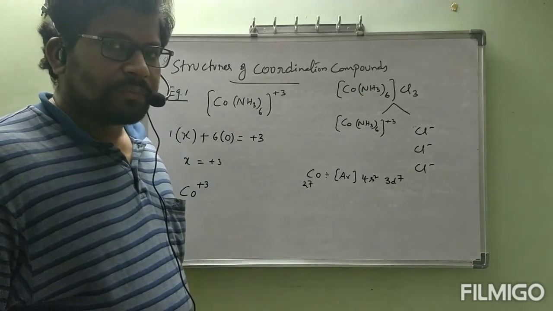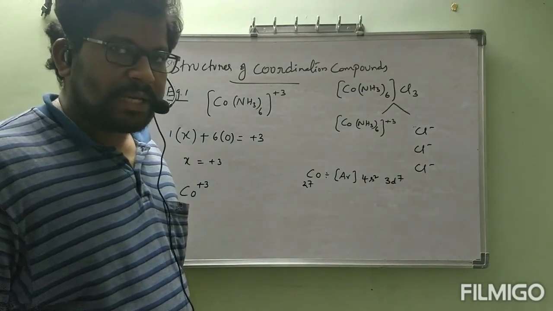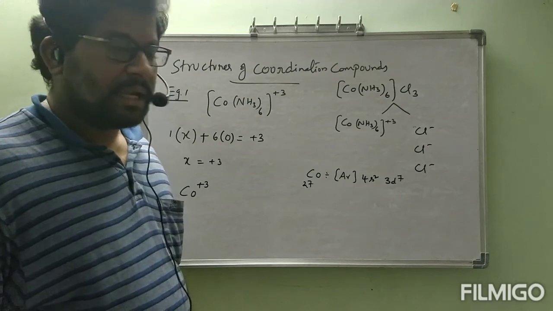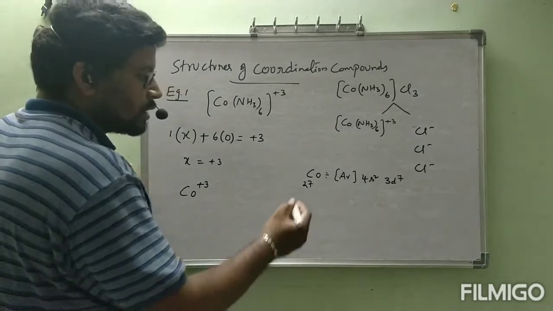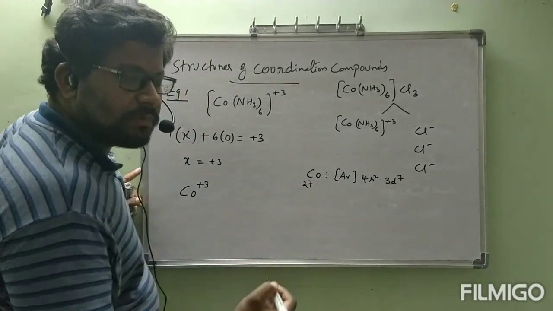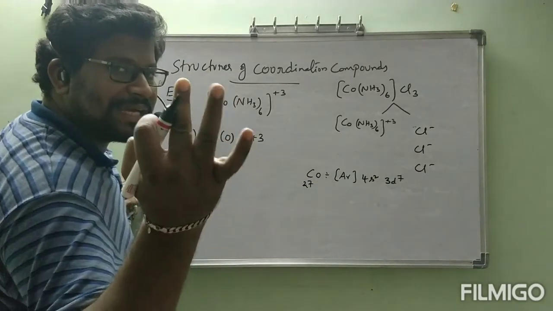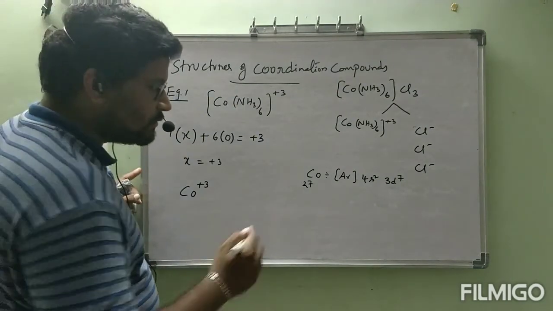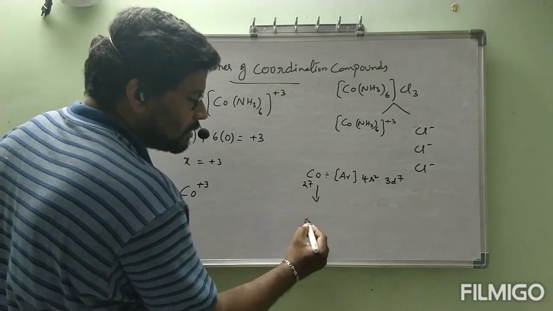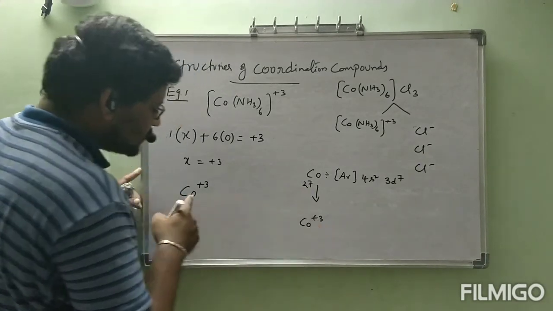Now we want to get Co3+. How is cobalt converted to Co3+? Cobalt is converted to Co3+ by losing 3 electrons. That means cobalt ion plus 3, because this is cobalt plus 3.